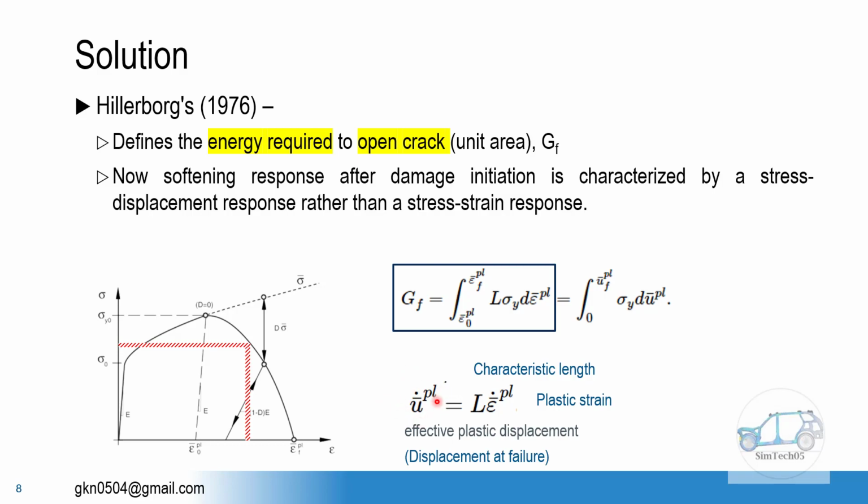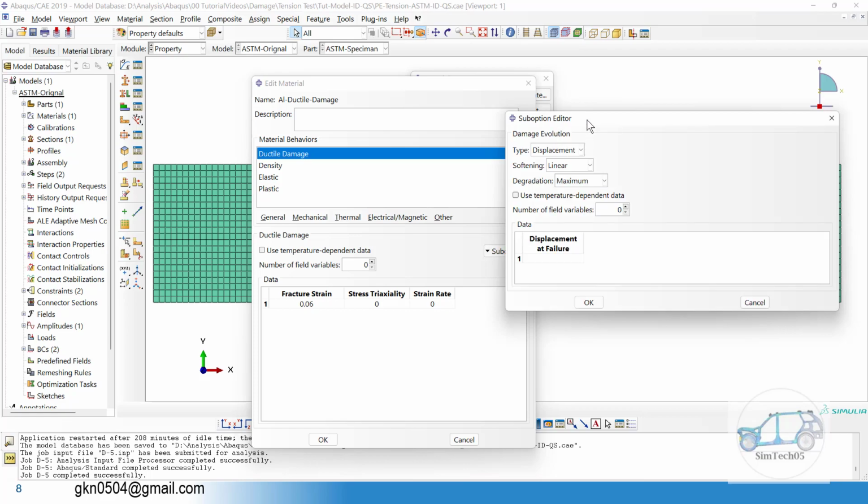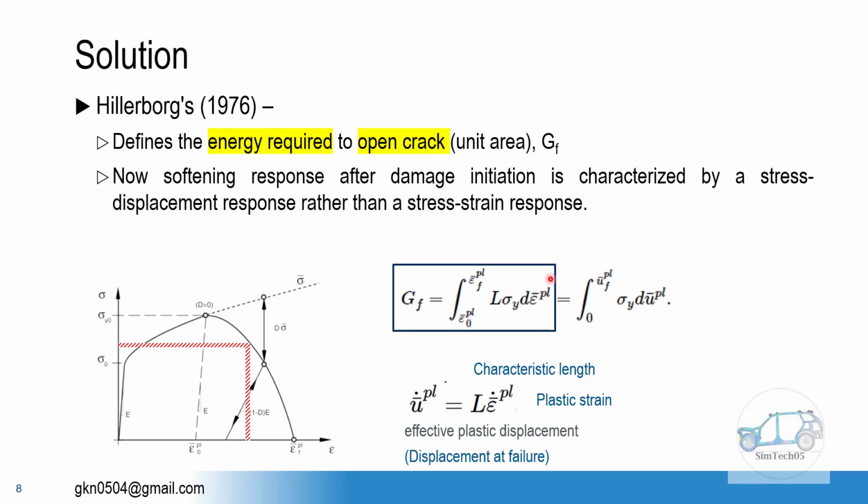Let me show you. See, in the ductile damage, go to the sub options and damage evolution. Displacement at failure, say a value of 0.05, and this is nothing but your displacement at failure, or the effective plastic displacement, that we need to define. So how do we calculate this? We don't know what value we have to feed. For that, we must go with the plastic strain and the characteristic length of the element.